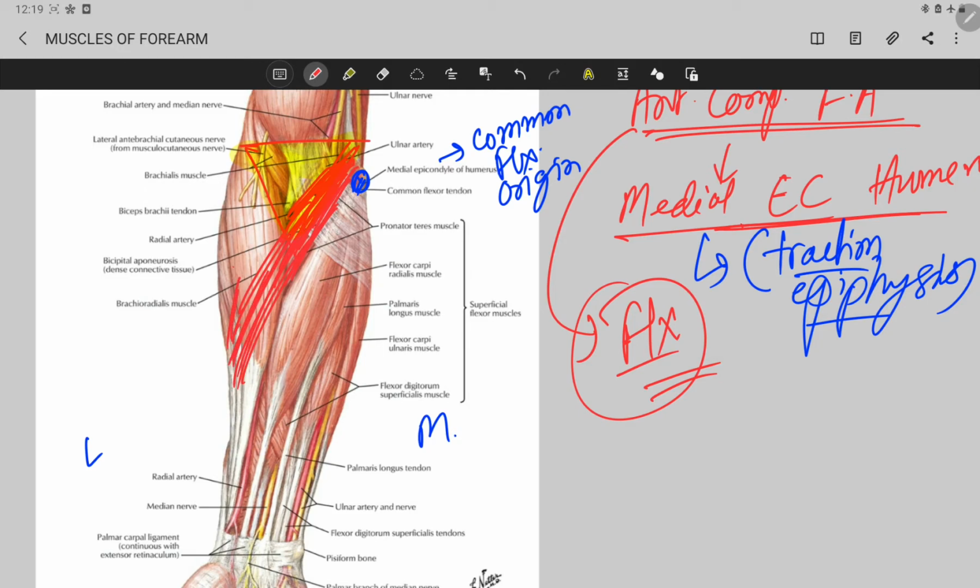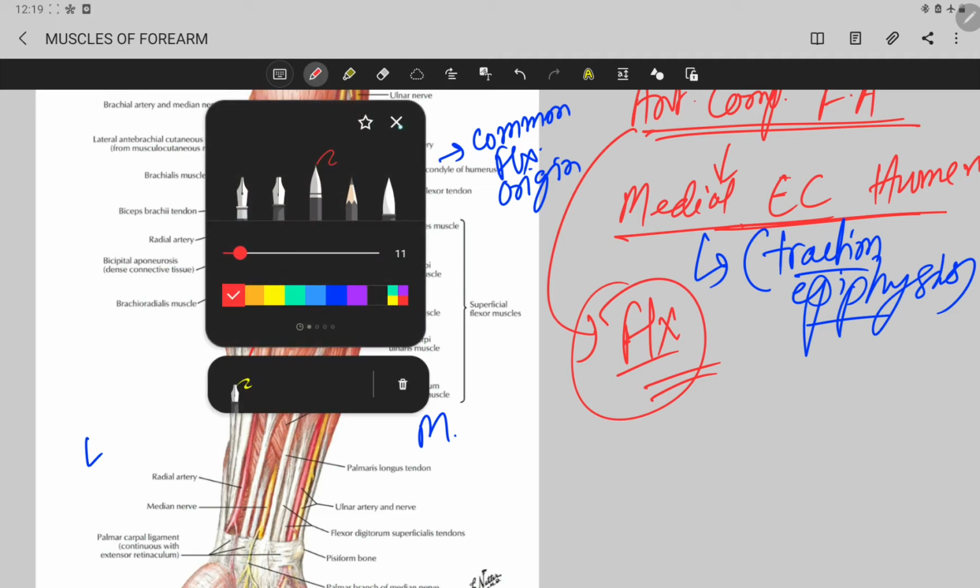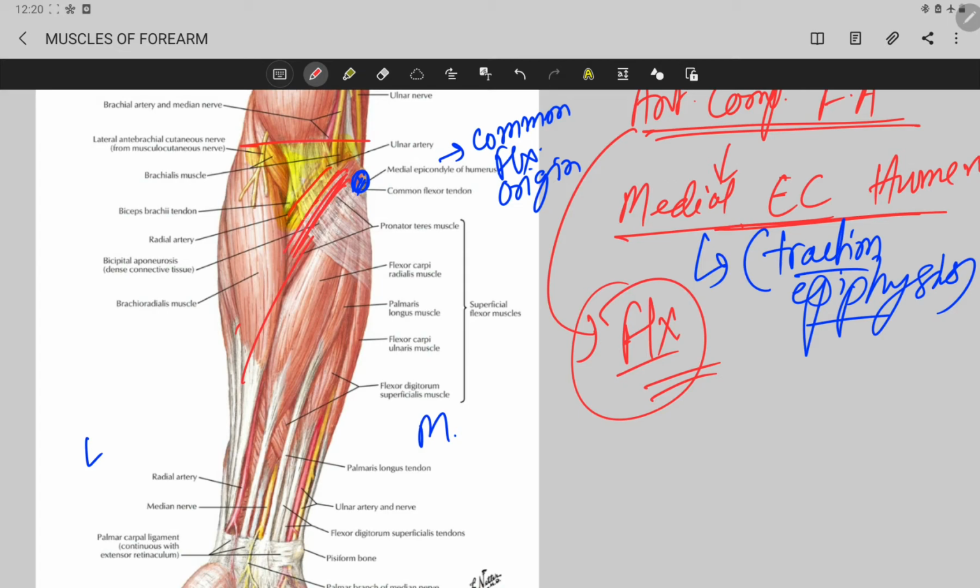Below this muscle, you can see another muscle here. This is the pronator teres, the most lateral. Medial to the pronator teres is your flexor carpi radialis muscle.